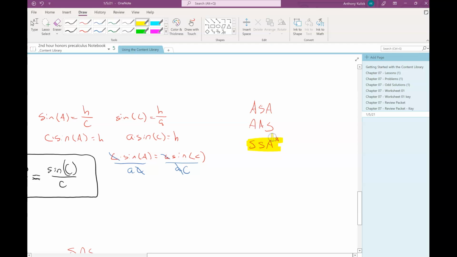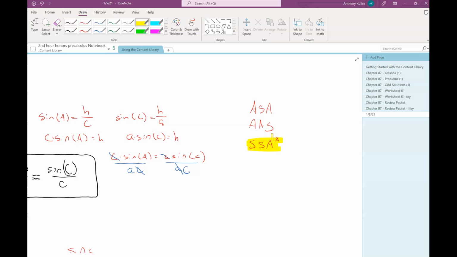This one in particular should stick out to you, though, because if you think back to your geometry course, was there a side, side, angle congruence theorem? No, there is not. And the reason there is not is because it's possible, if you pick the right 2 side lengths and angle measure, that you could construct 2 different triangles that have congruent side lengths and angle measures.